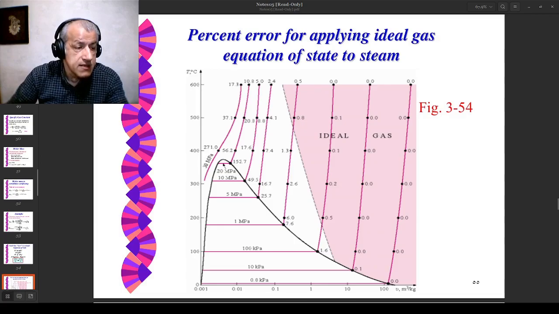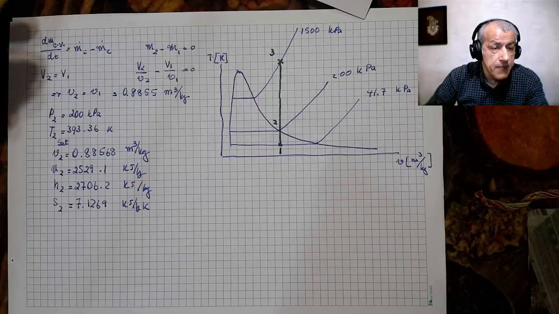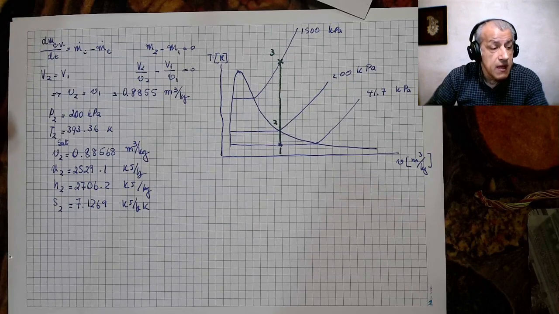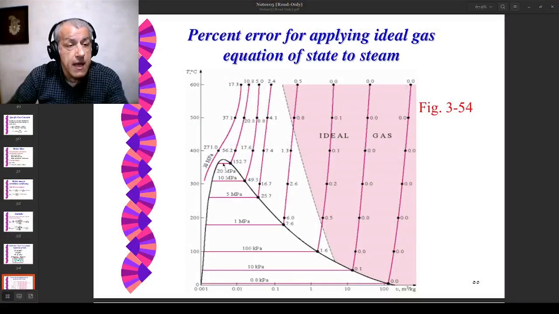So let's return to the problem, and what we know is that this point has a very high temperature, far above the critical point, and at that point, the perfect gas would be a very, very good approximation.